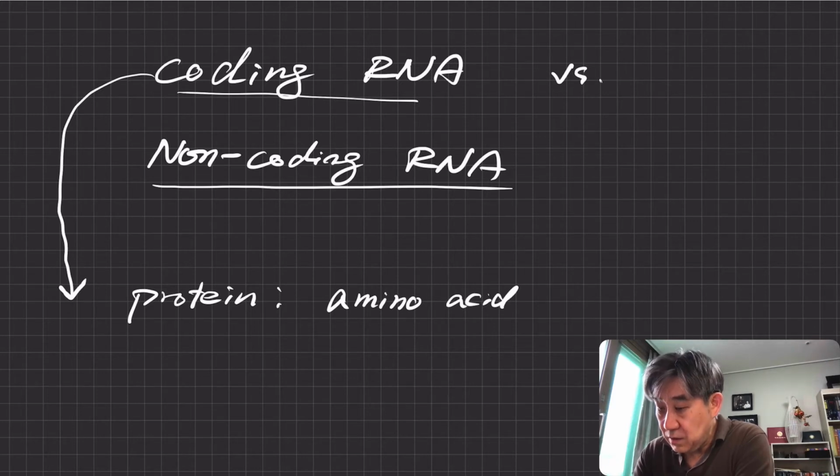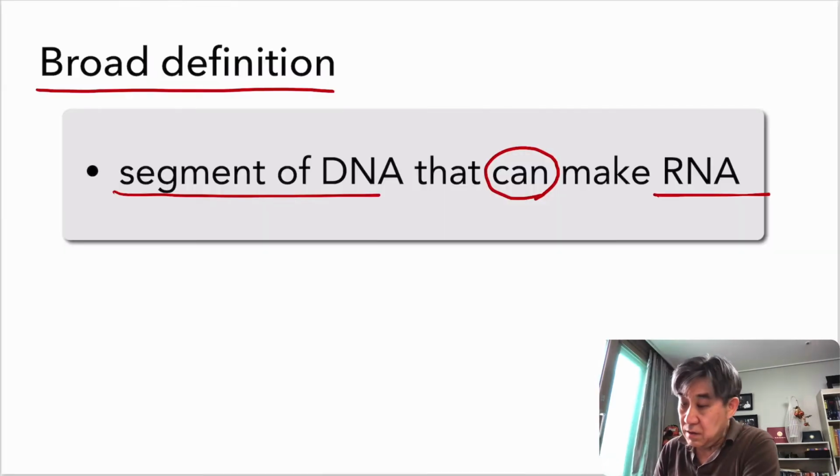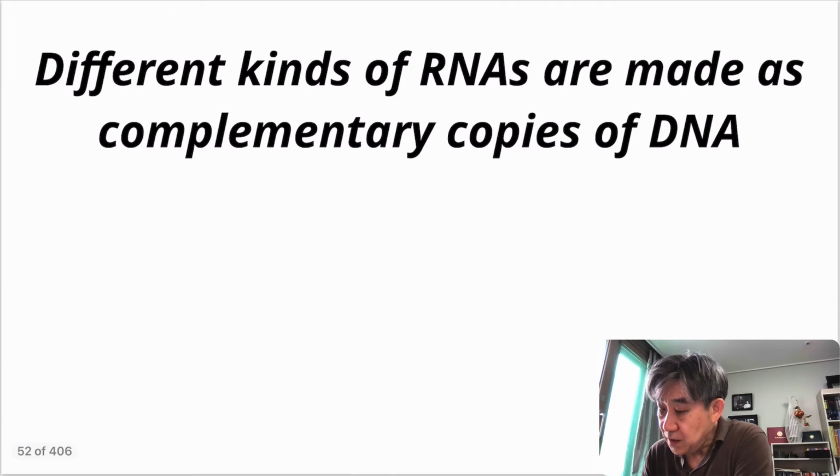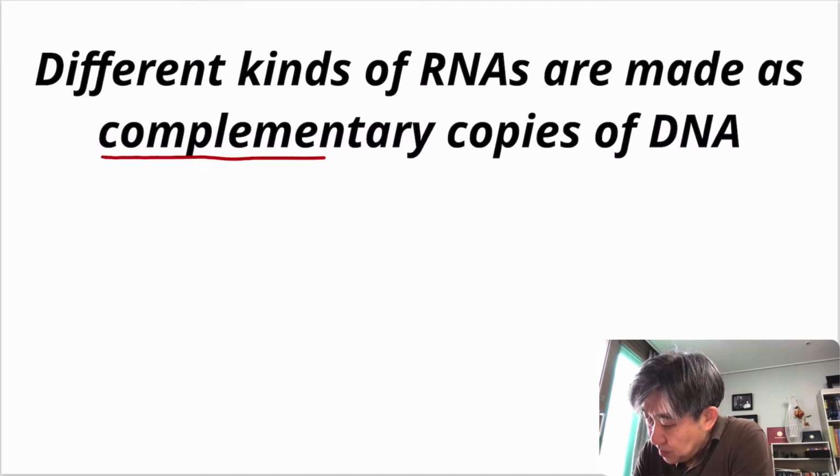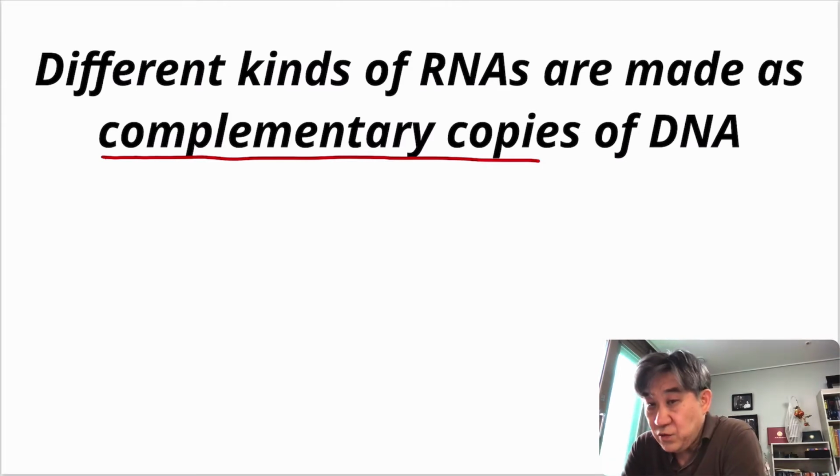So having that in mind, let's take a look at different kinds of RNA. Different kinds of RNAs are made, but in nature, all of them are complementary copies of DNA, like we have seen.